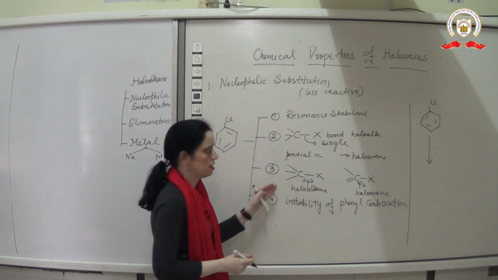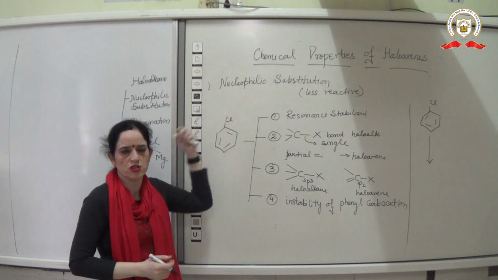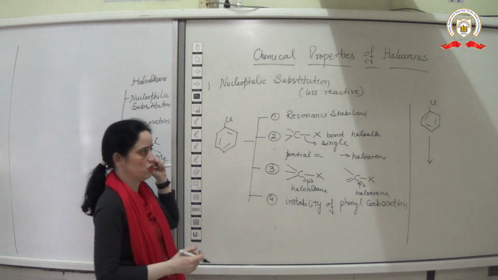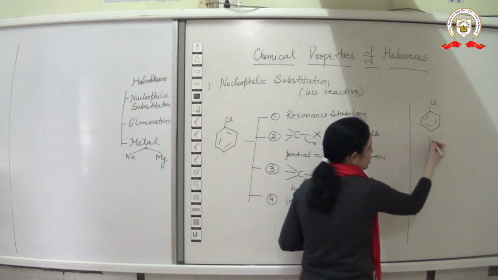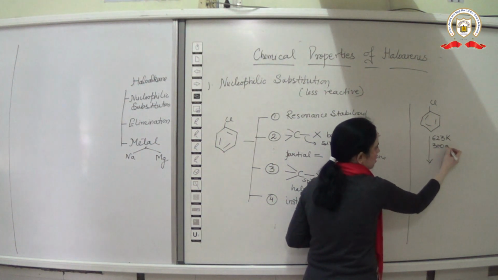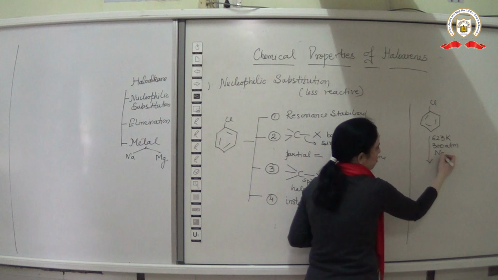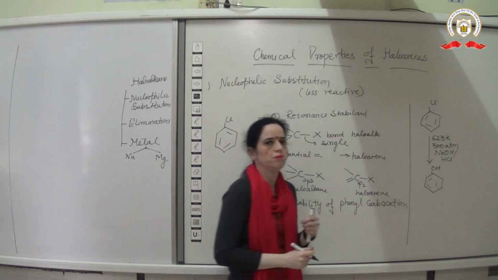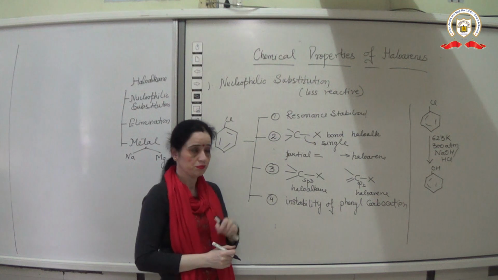Although we are telling that Cl cannot be substituted, and haloarenes have less reactivity for nucleophilic substitution, you must remember the condition 623 Kelvin, 300 atmosphere, in presence of NaOH and HCl, and you will get directly phenol. Benzene with the OH, phenol.